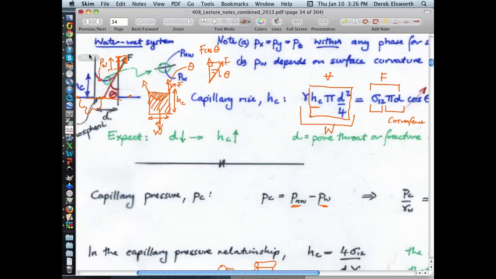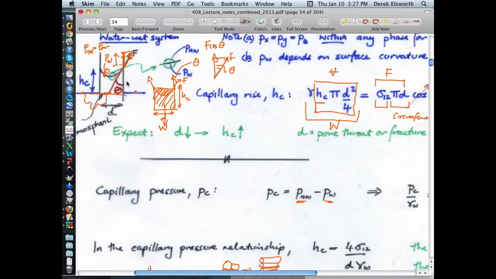And the pressure of the non-wetting fluid would be the pressure of the air. This would be the pressure of the air anywhere, if you like, but actually just above this interface. So what this is saying is that the pressure in the water on this interface has a capillary pressure. It's not the same as the air pressure.